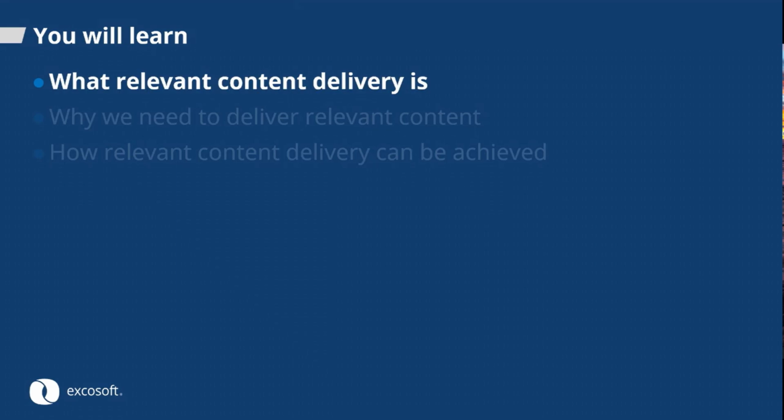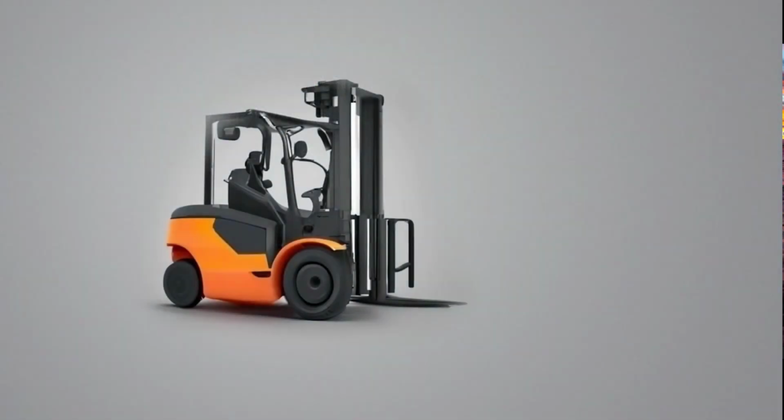To give you an idea what I mean by relevant content delivery, let's assume that I am an operator or a driver of a forklift. So this is an industrial vehicle. This is a configured product. So of course it has a serial number.